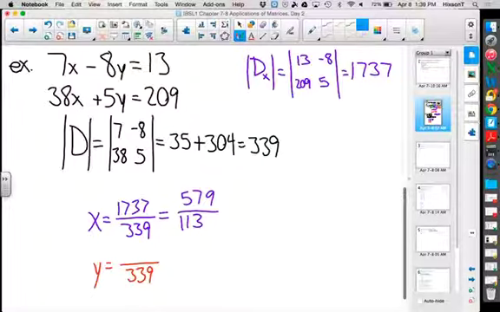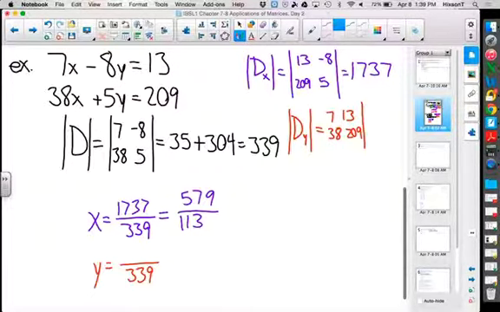And then for y, D sub y, you're going to find the determinant of 7, 13, 38, 209. So you end up with 1463 minus 494, and you get 969.